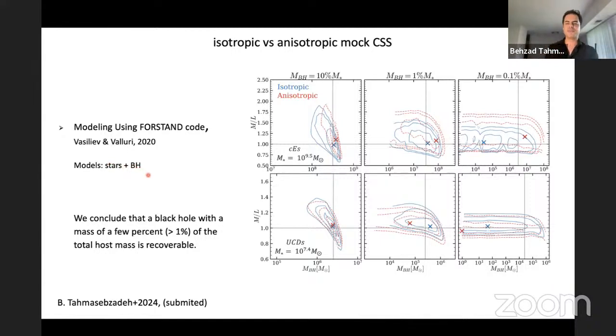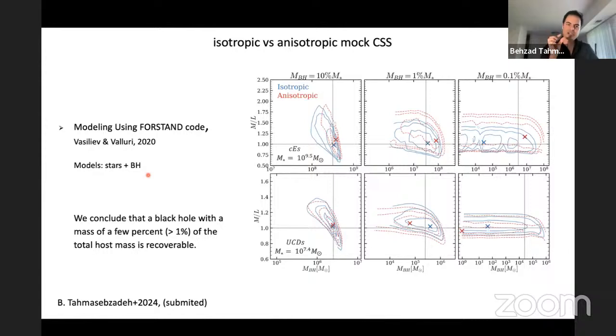However, the kinematic coverage of our data is very small. It means it zooms in on the very center of the galaxy. The kinematic cube is 1 arcsecond by 1 arcsecond. For example, consider the effective radius of a compact elliptical is around 1 kpc, and we can only cover up to maybe 50 parsec or 100 parsec.